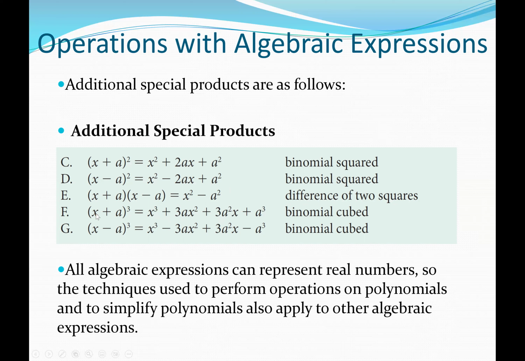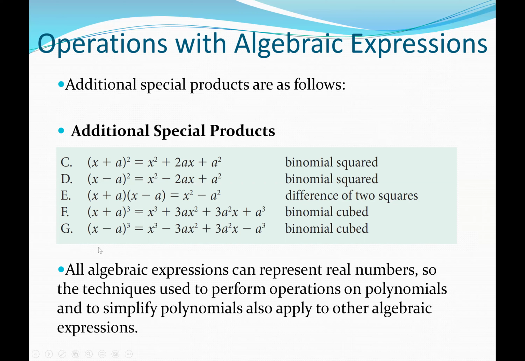So remember, your first term will be x cubed. Your last term also will be a cubed, the two terms. Then you take the 3, then x will be 2, then a will be 1. Then the second, we still have 3. This time, a will be 2, the exponent, and x exponent will be 1.